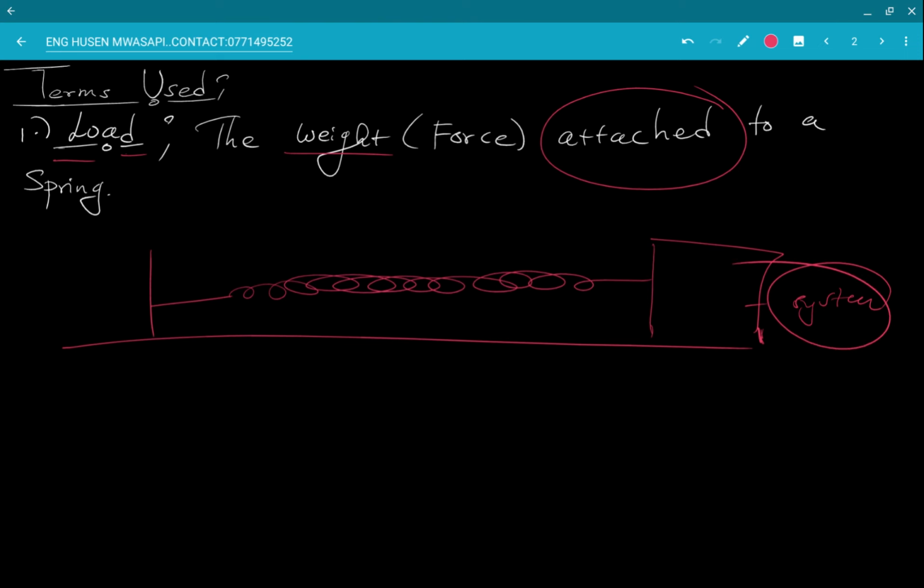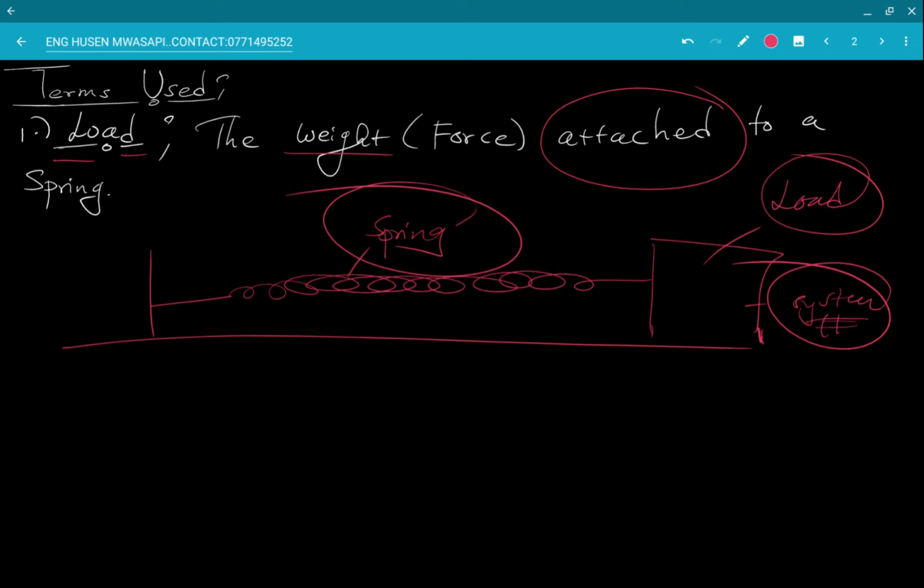Now, this system is what we call the load. So the force or the load or the weight attached to a spring is what we are calling here in the diagram a system. So the load is just this same particular weight or force attached to the spring. This is a spring. Alright, it's good that we have understood what a load is.